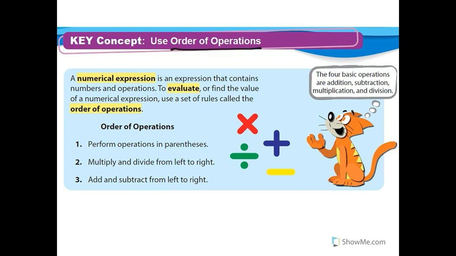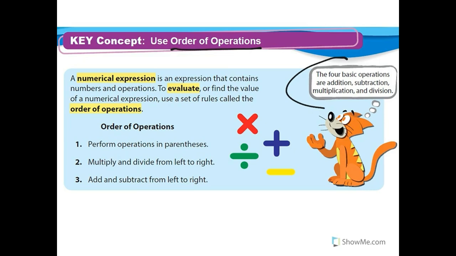So let's read this. A numerical expression is an expression that contains numbers and operations. To evaluate or find the value of a numerical expression, use a set of rules called the order of operations, right? The 4 basic operations are addition, subtraction, multiplication, and division, all right? So here's the order of operations. First, we're going to perform operations in parentheses.